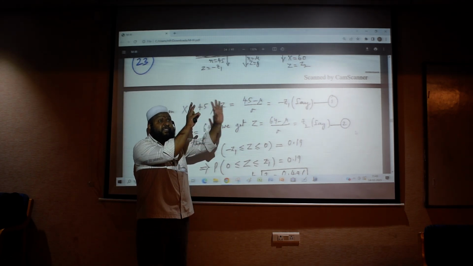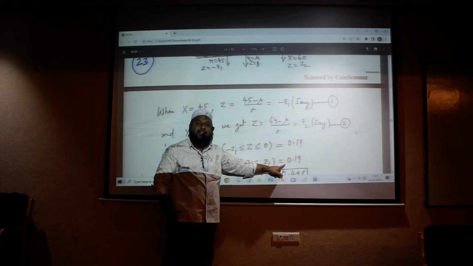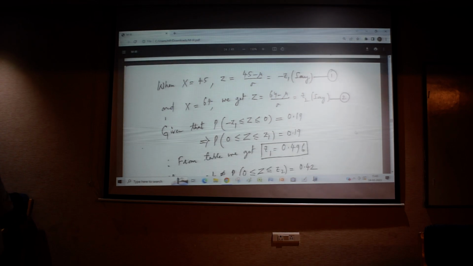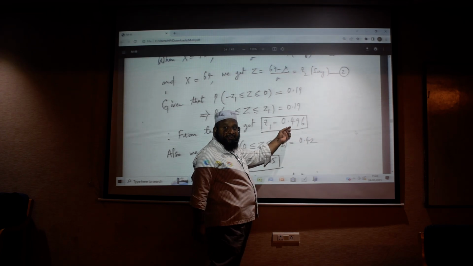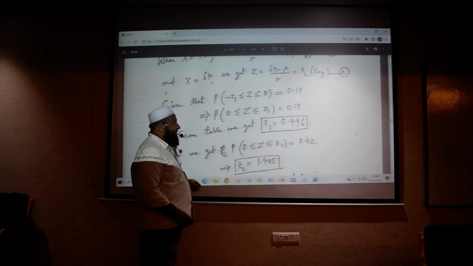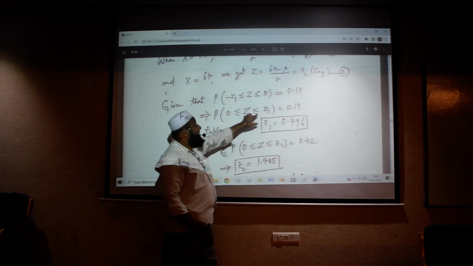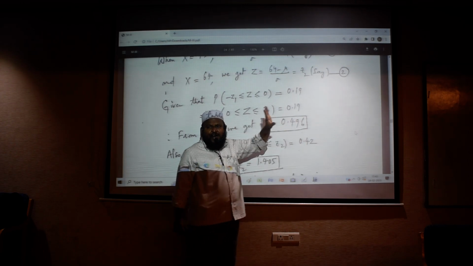Now you have to search the normal table and see for what z value the area is 0.19.